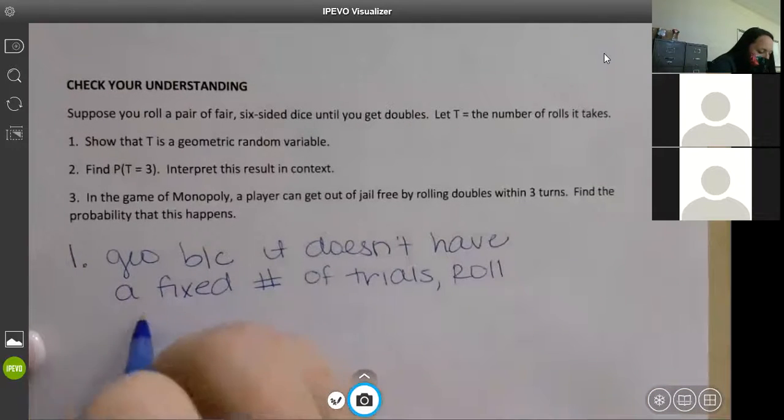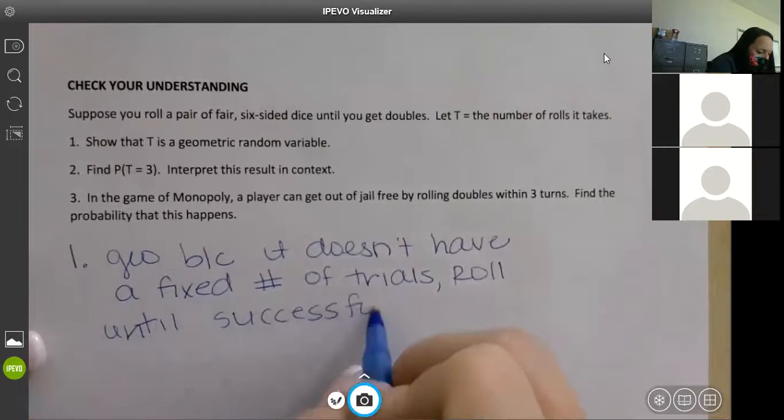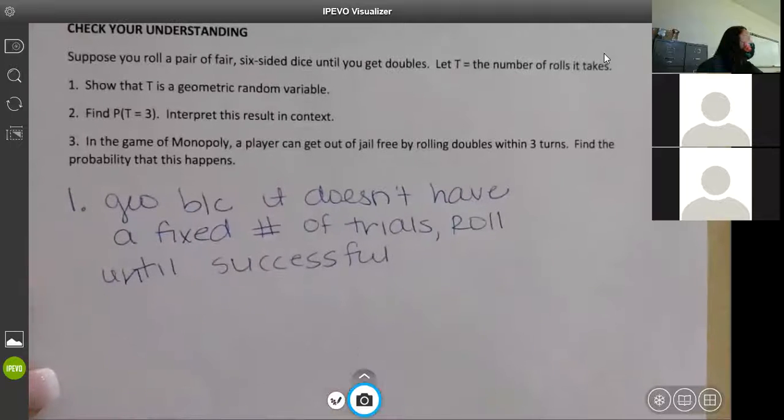So we're going to roll until successful, regardless of how long or how quick that is. Good.